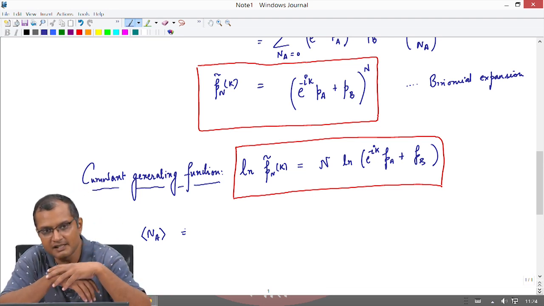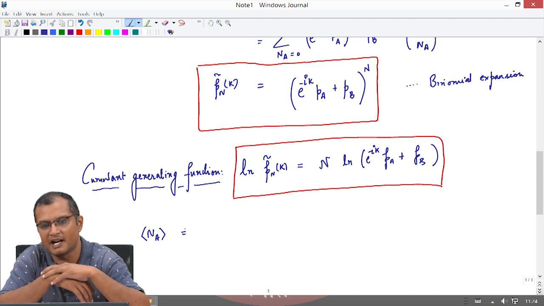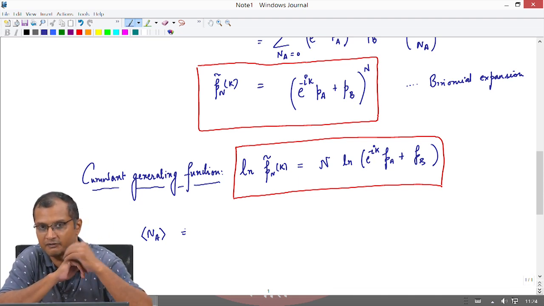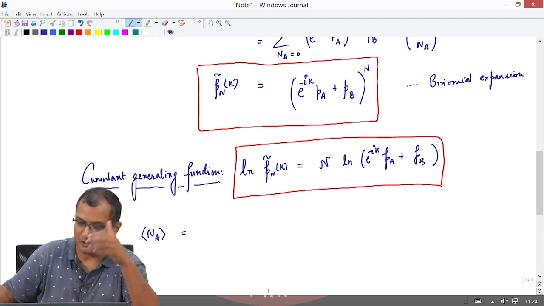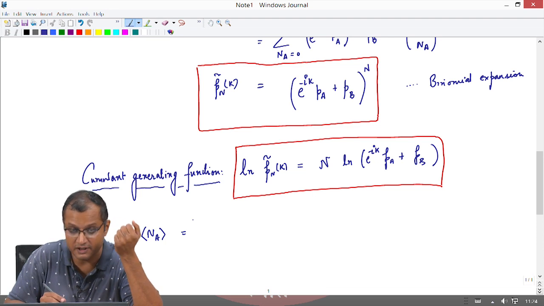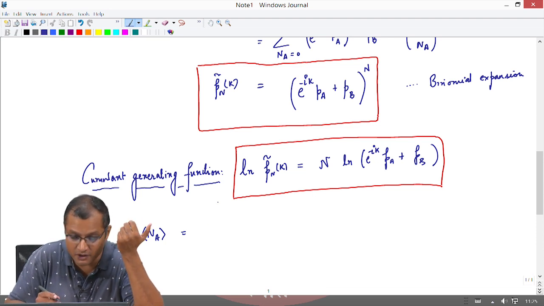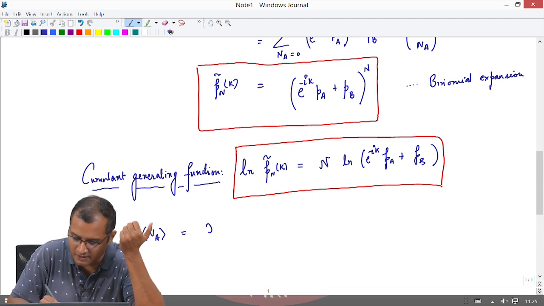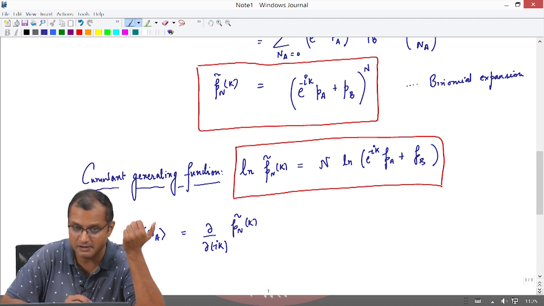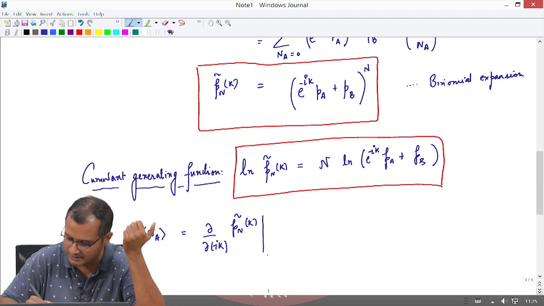So, after n trials you will get approximately half the number of heads, that is known to you, but you can also see that it is straightforward. It is also obtained from your formula here. If you just use the definition of means, well, the average of NA is nothing but the first derivative with respect to i k of your moment generating function after n trials, and this has to be computed at k equal to 0.